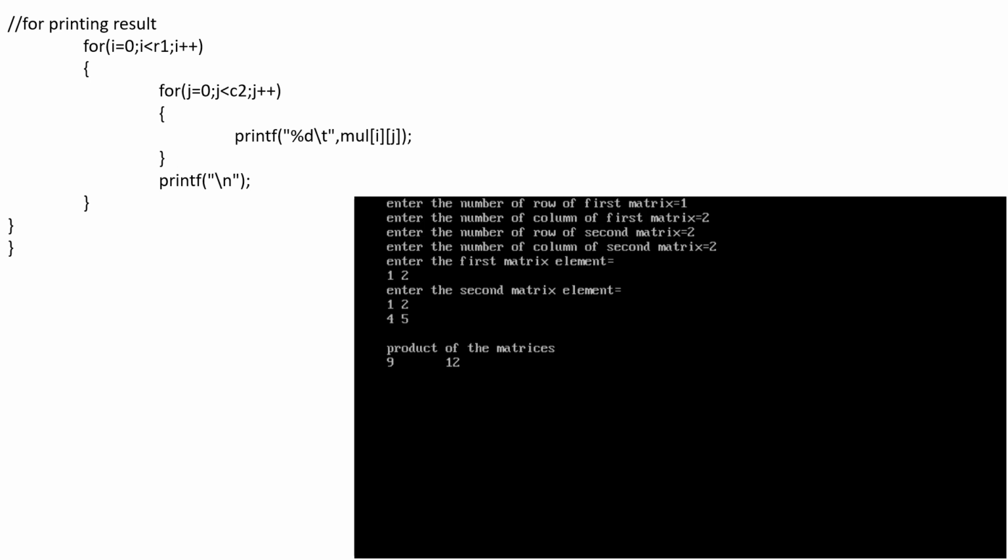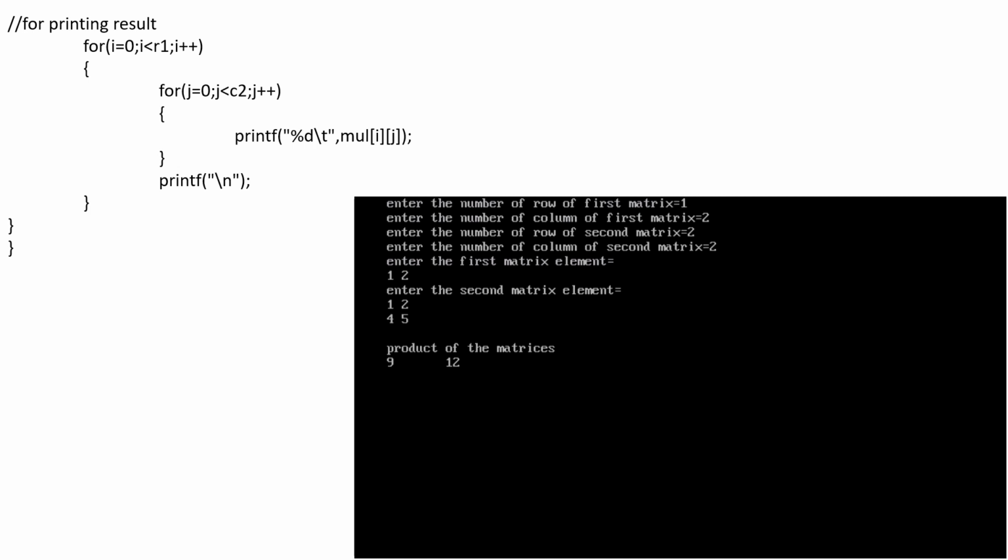In the output, you can see I am reading the number of rows and columns of the matrices first. If in the values I have given, the number of columns of the first matrix is equal to the number of rows of the second matrix, then it reads elements for the first and second matrices and performs multiplication.